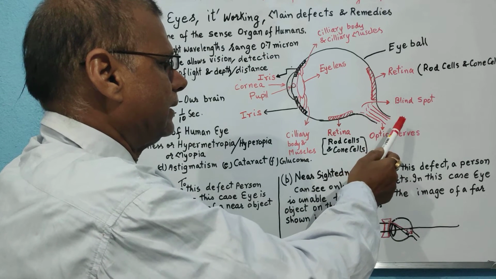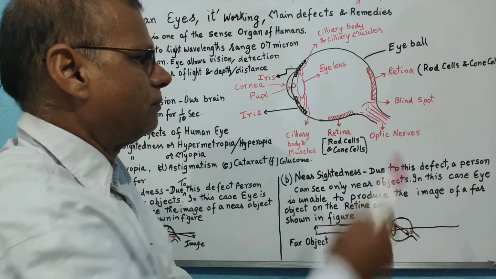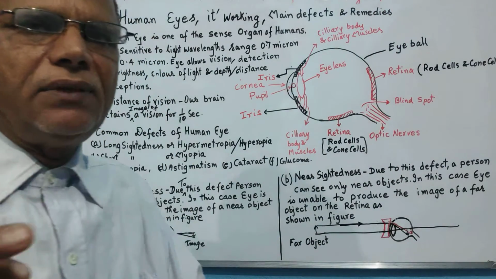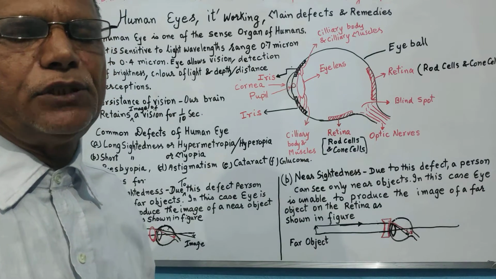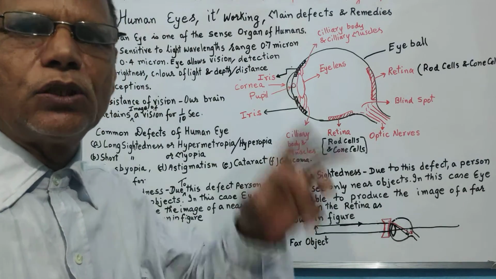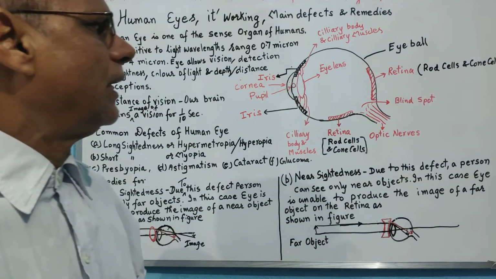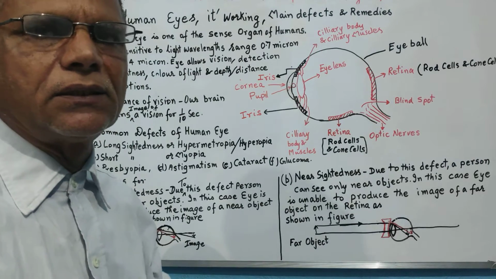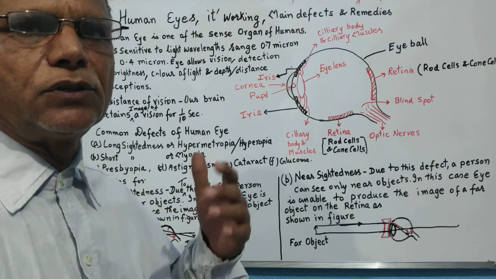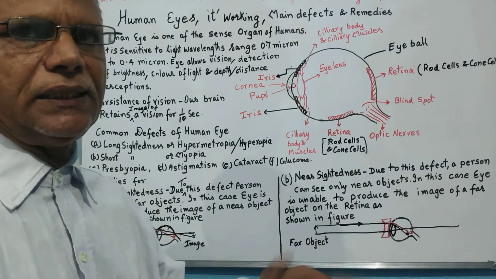And these nerves carry the electric signal to our brain, which has different parts for different work. There is a visual part in our brain which is responsible for vision, and this signal is received by our brain, and then the vision is perceived, meaning a body is seen by us.